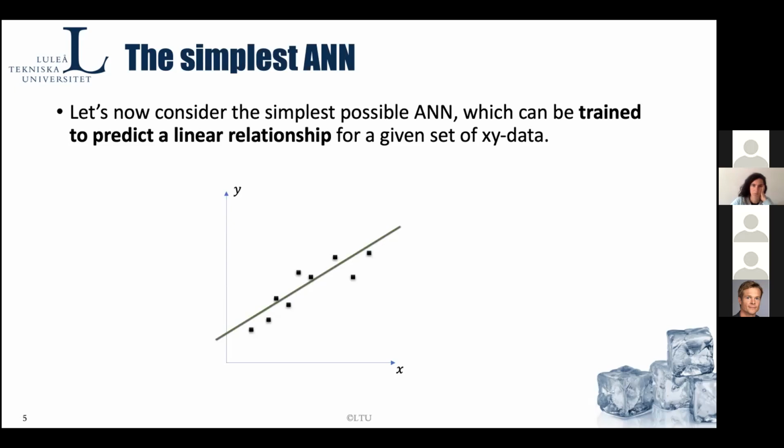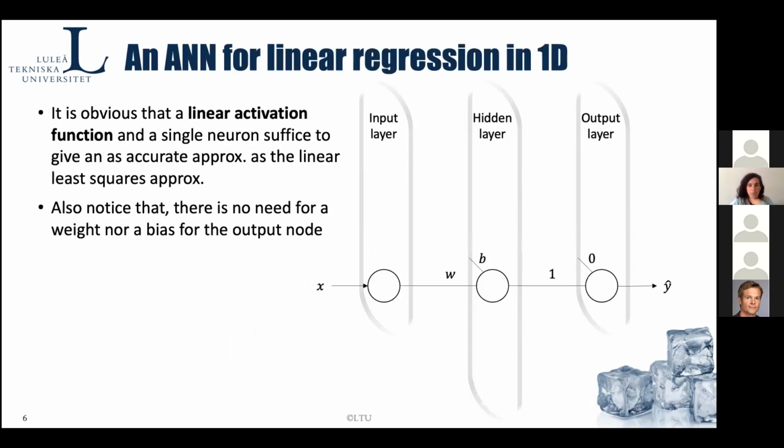Now, if we apply this simple ANN to solve a linear problem, then we will only need one single node in our hidden layer because with a linear activation function, we will perfectly resemble a linear expression, the best way possible to a data swarm if we want to make a linear regression of it.